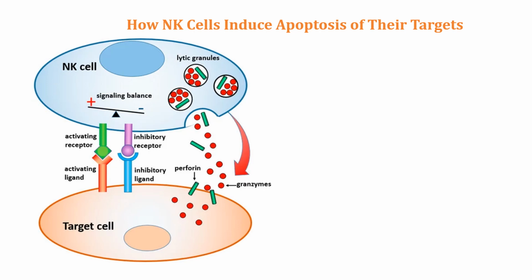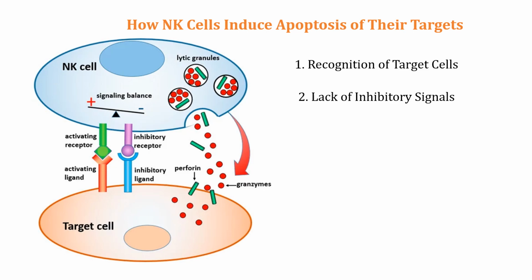First step is recognition: the NK cell assesses the expression of certain molecules on the target cell surface. Healthy cells typically display normal levels of major histocompatibility complex class I molecules.